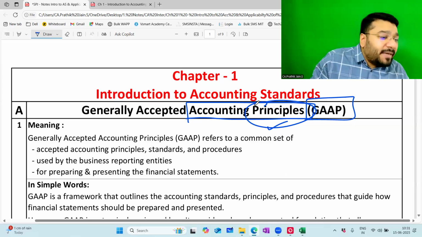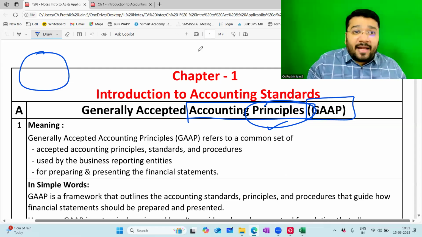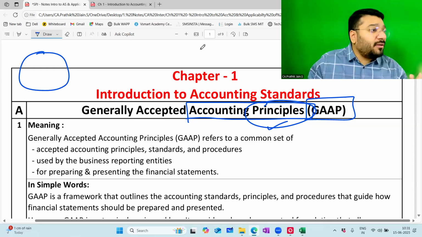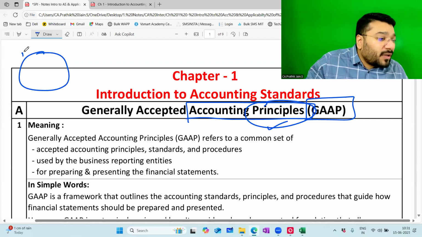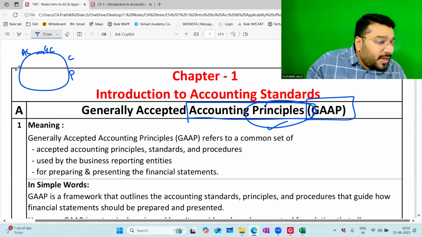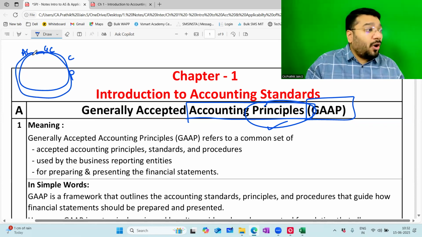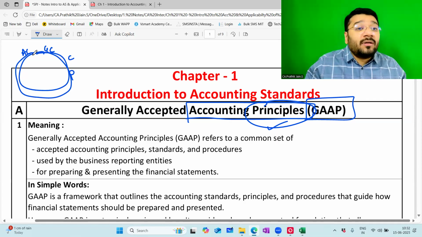So GAAP is going to give you basically an outline circle, telling you that if you are doing accounting or presenting the data in financial documents or financial reporting, that should be based on certain things. We should have accrual concept, going concern concept, then consistency, prudence, etc. In this outline circle, you as a country are allowed to develop your own accounting standards which suit your country's economic situation, legal conditions, or business environment.